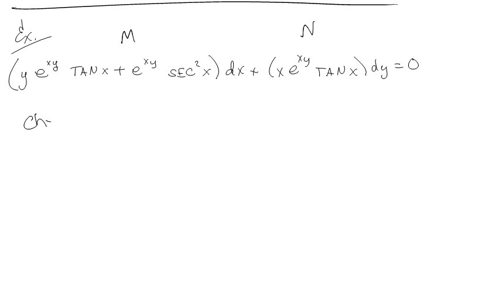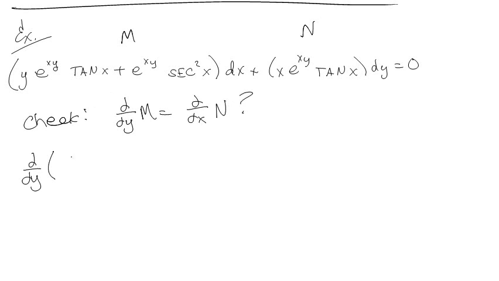All right, so our first check is we want to check that d/dy of M is equal to d/dx of N. So d/dy of M, where M is this, y e^(xy) tan x plus e^(xy) secant squared of x.